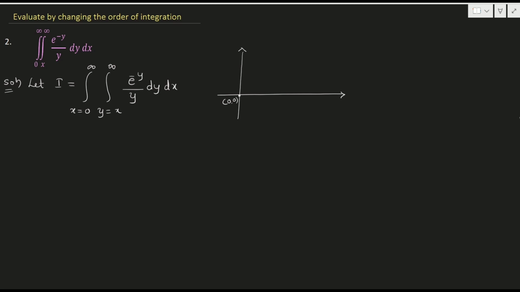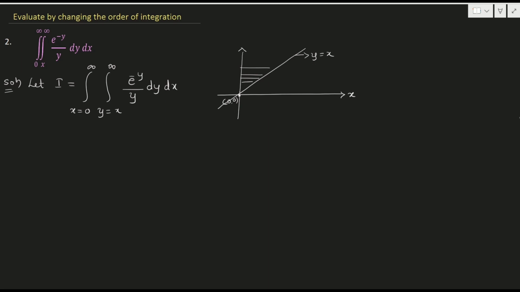We can't mark the point because it is up to infinity. Now y varies from y equal to x to infinity. y equal to x is a straight line equation passing through the origin. And y varies up to infinity, so again along the y axis we can't mark that.